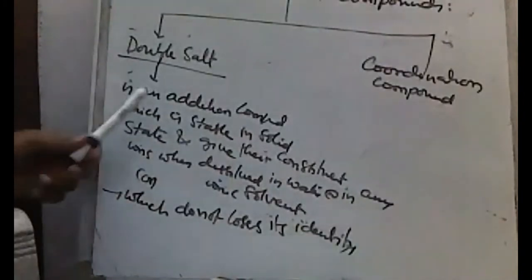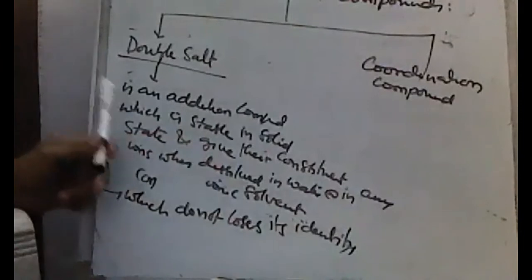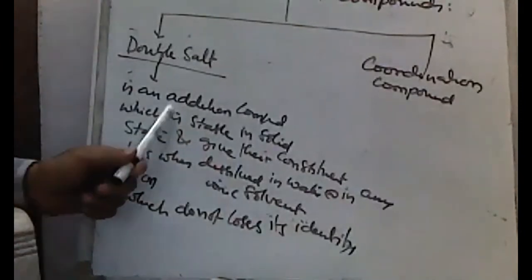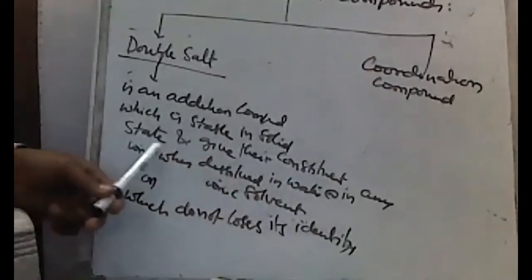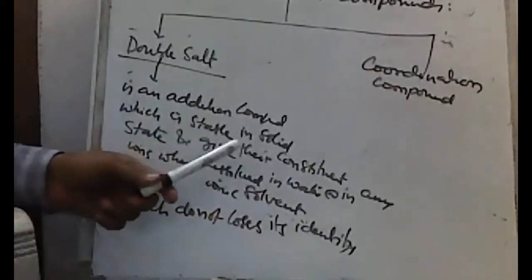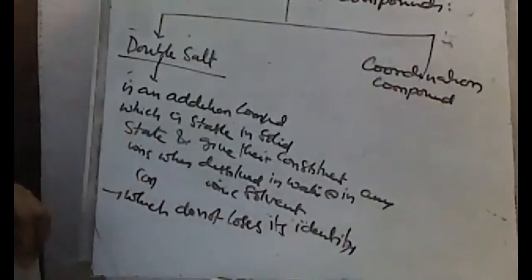Double salt is an addition compound which is stable in solid state and gives its constituent ions when dissolved in water or in any ionic solvent.